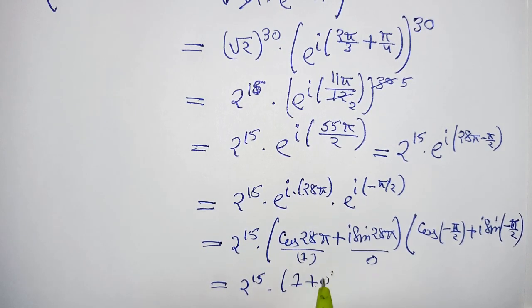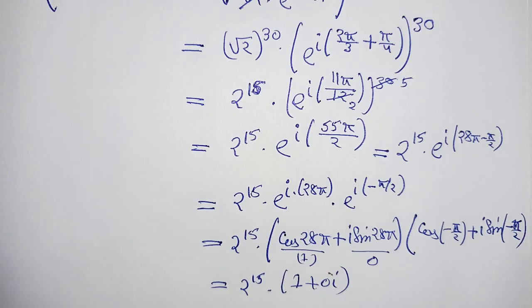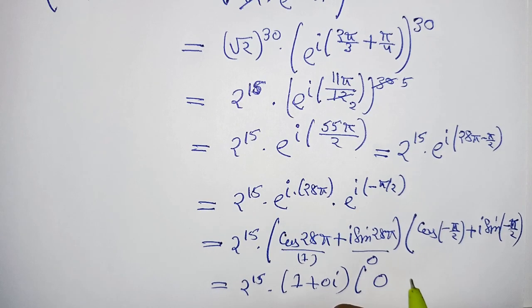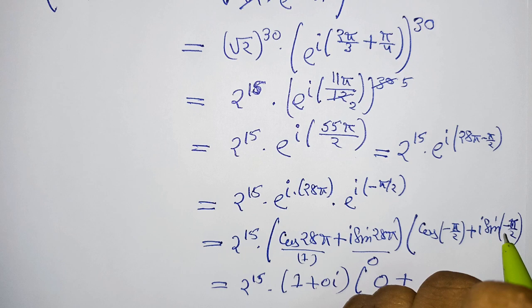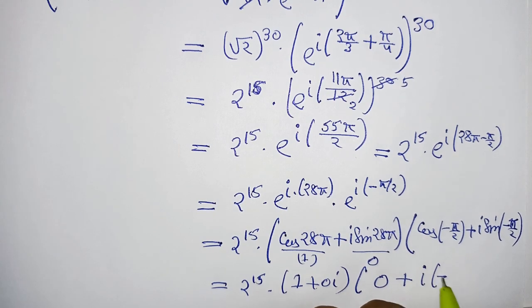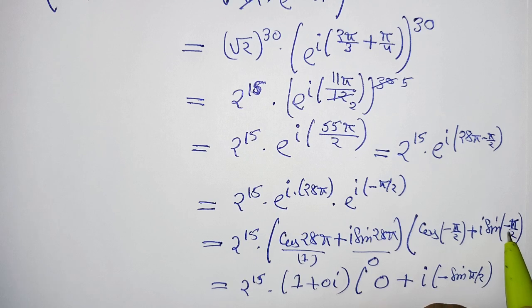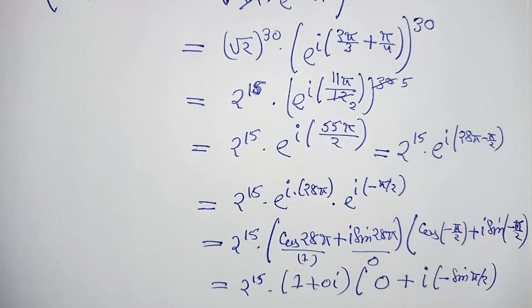So we have 1 plus 0 iota, and here we have cos minus pi by 2, that's why this will be 0 plus, and this part can be written as iota into minus sine pi by 2, because sine minus theta is minus sine theta.